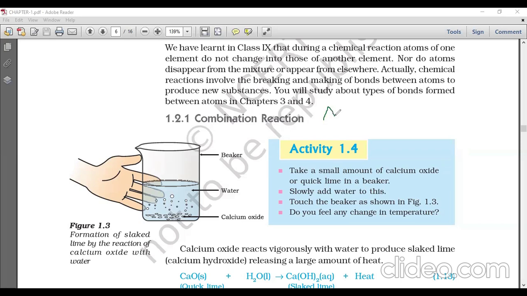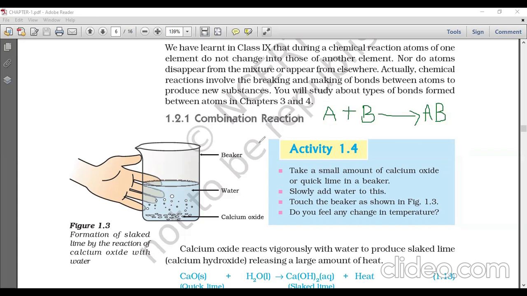I'll use alphabets to help you understand this chemical reaction. Here I am using two alphabets: A plus B gives rise to AB. In place of these alphabets, I'll take atoms or elements so that you will understand.